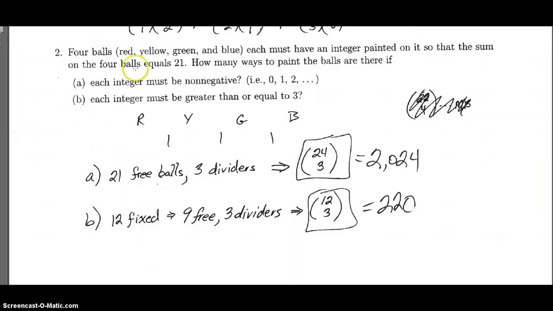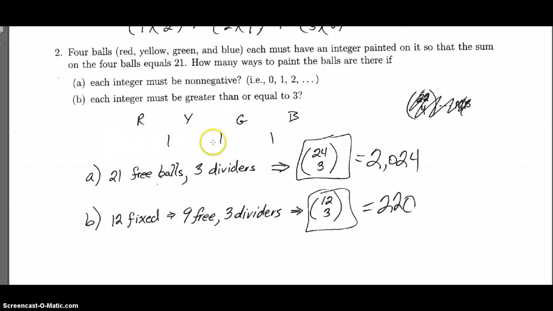So this is very similar to the one that we had done in class with the Mona Lisa and the Picasso, or the Da Vinci, the Picasso. Also that take-home, or the exit slip I gave you one time, where we had a certain number of fixed balls and a certain number of free balls. But the basic strategy here is to divide it into 4 categories, one for each of the 4 colors, and then we just place the 21 balls inside here.